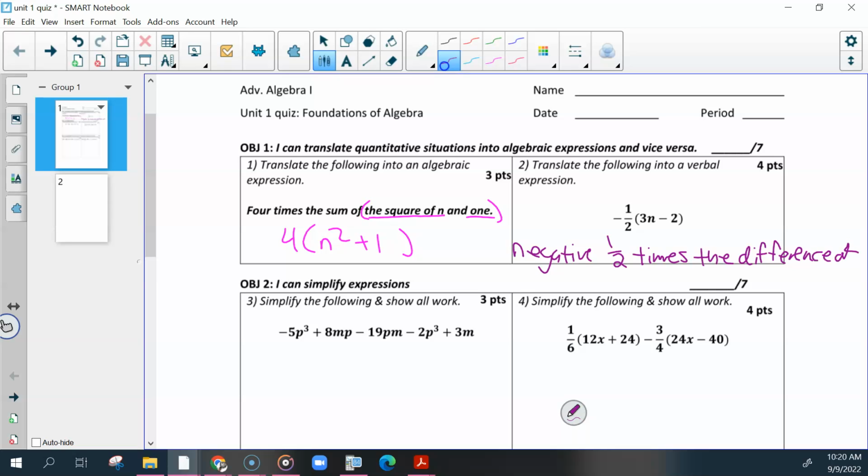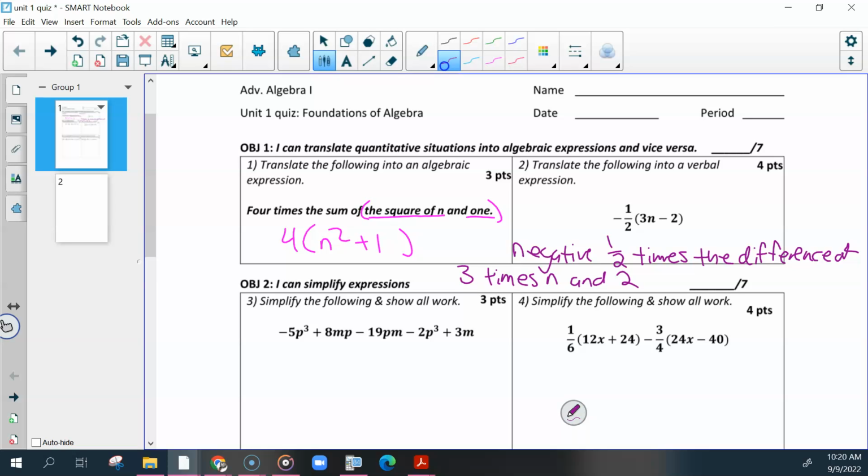And then some of you just put 3n, but that didn't tell me what 3 and n were doing. So you need to say of 3 times n, of the product of 3 and n, either of those. And then and 2. So the difference of takes care of all of this because these 2 things are subtracting each other.